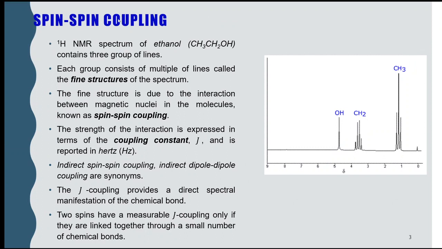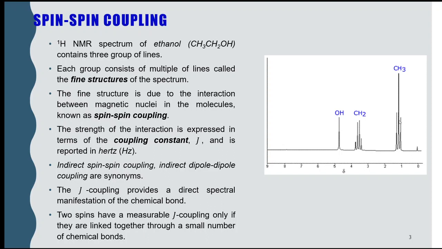Well, today we're going to cover spin-spin coupling. I'd like to take an example here of the ethanol NMR spectrum, and you will notice that each of these groups consists of multiple lines, these fine structures that you see here. Although there are three functional groups in ethanol, you see that they are actually split.